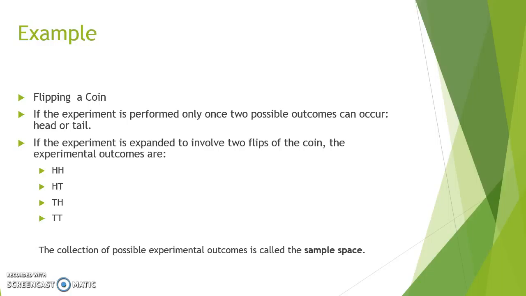Now, the collection of all of these possible experimental outcomes, heads-heads, heads-tails, tails-heads, tails-tails, are all the outcomes that can occur from 2 flips of the coin. These experimental outcomes are called the sample space.